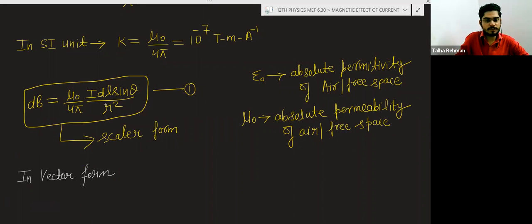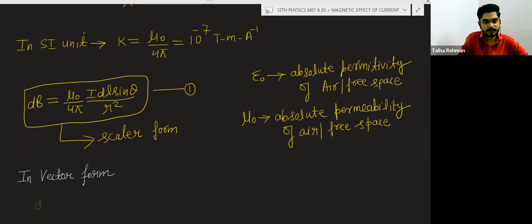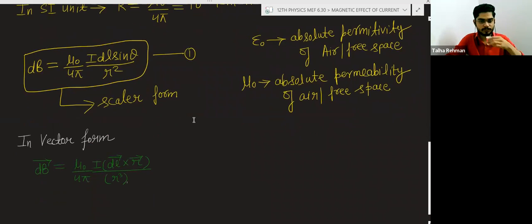In vector form, you simply write the magnetic field vector is equal to mu naught divided by 4 pi, I into dl vector cross r vector, but this time in the denominator you will have r cube.